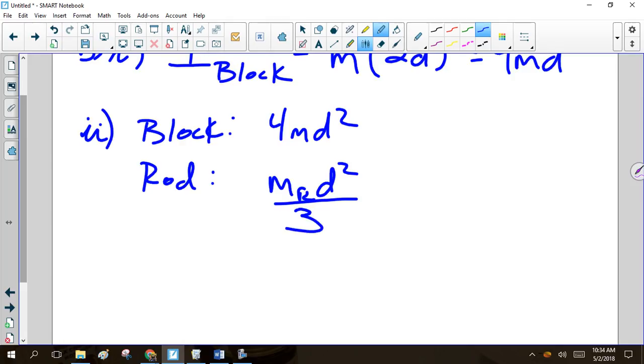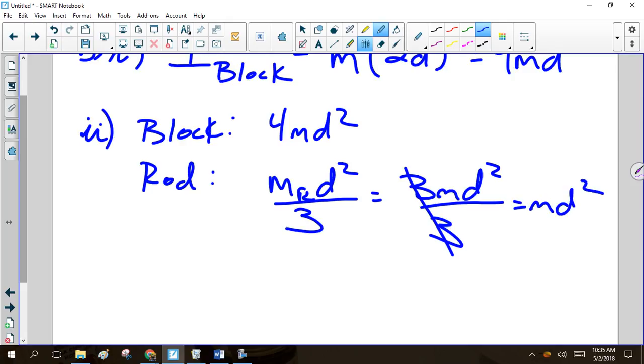And it tells you what mr is, right? It's 3m. So the only mass that you should be using here, you guys, is m, as in the mass of that block at the end. Okay? So this becomes 3m d squared over 3, and the 3's cancel. Am I going too quick, or are we good? You have to add them. Eventually we're going to add them, yes, but we're not there yet. Everybody good? So I got the rod and the block. Everybody good up to there?